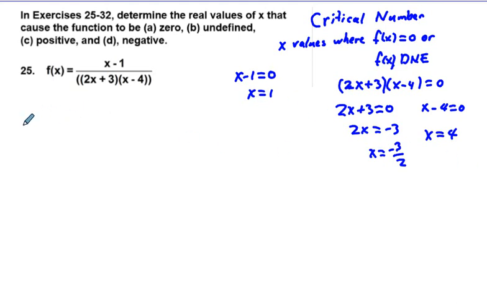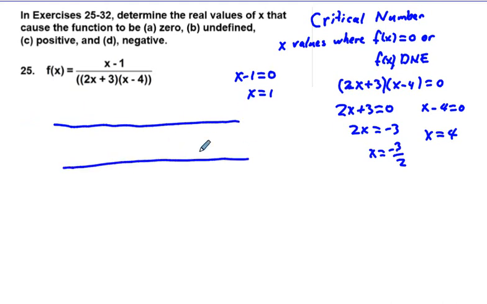Now we're going to make a number line system to analyze what's going on. I put two horizontal lines to place our values. For the one on top, I'm going to put x minus 1, and for the one on the bottom, I'm going to put quantity 2x plus 3 times quantity x minus 4.